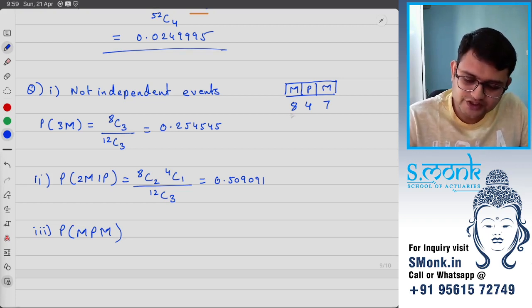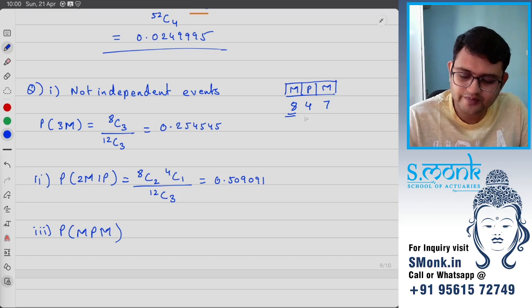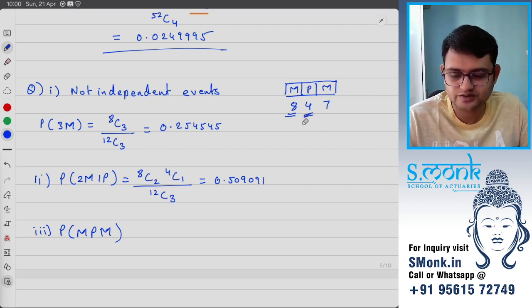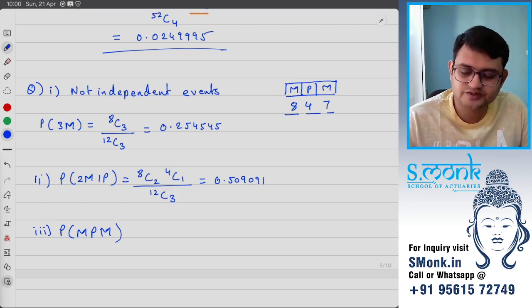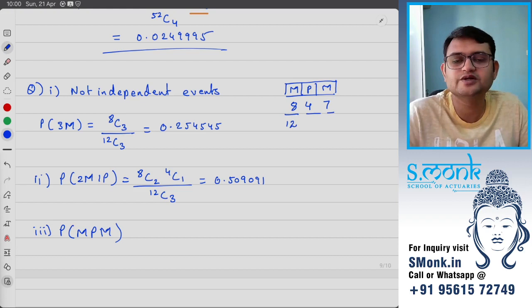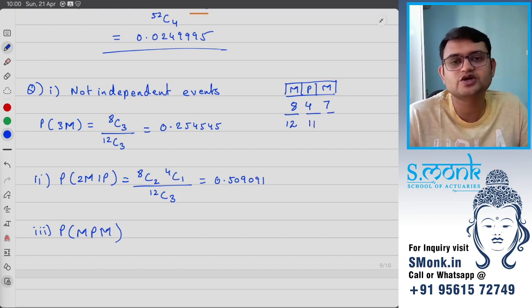I chose milk, plain, and then milk. So for the first milk chocolate, I had 8 available. For the second selection of milk chocolate, I had only 7 available because I have already eaten one. For plain, I had all 4 available. Now I will choose the denominators. For the first chocolate, I had all 12 available chocolates. For the second one, I had only 11 chocolates available.